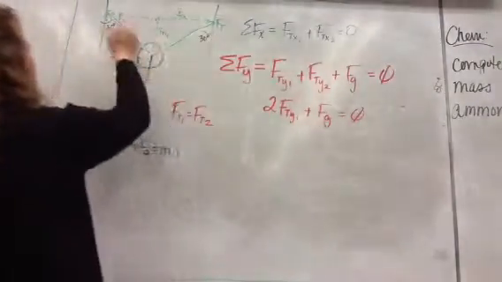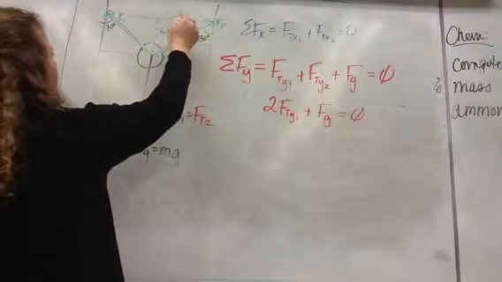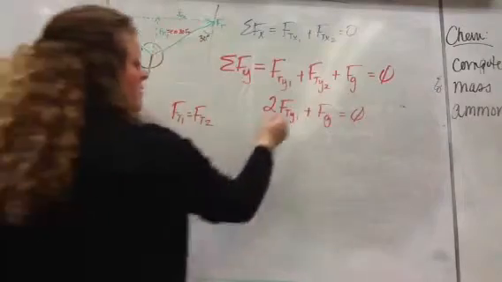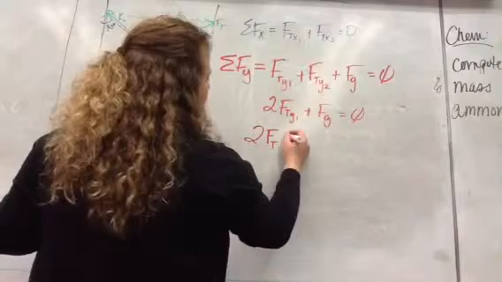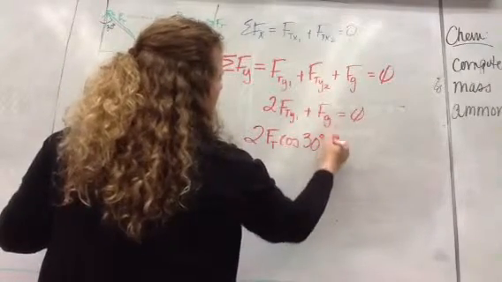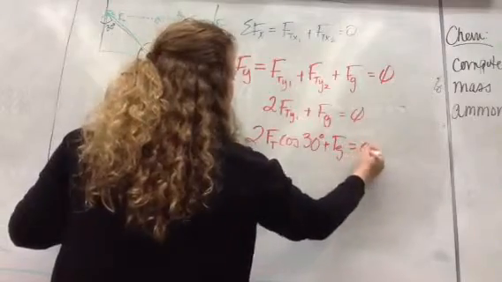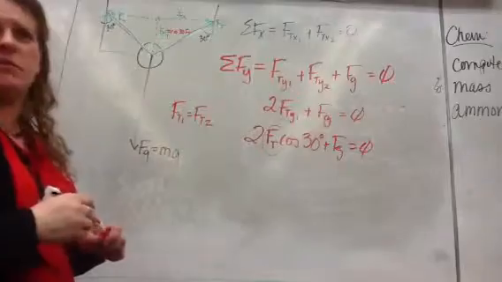So here, we'll do this over here. F of Ty equals cosine 30 Ft. So we have 2 times Ft times cosine 30 plus Fg equals 0. So now we're in a position to solve for the force of tension.